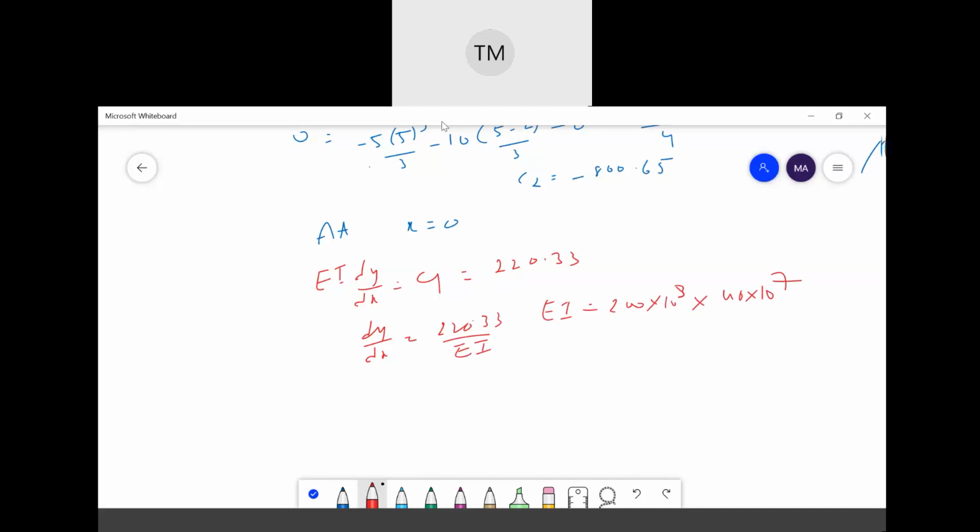When you simplify this one, it will be 8 into 10 power 4 kilonewton meter square.